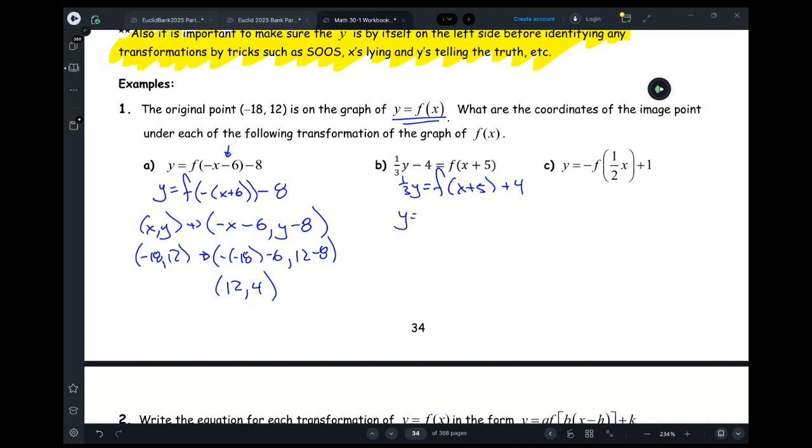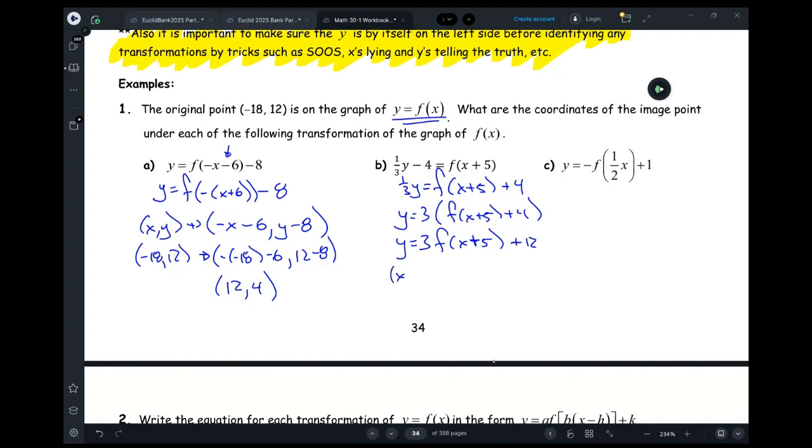I got to bring that 1/3 over. So I'm going to multiply everything through by 3, but I have to multiply the entire right side by 3, which means that 4 also gets multiplied by 3. So this is 3 f of x plus 5 plus 12. The stretch affects the translation unless I've separated them. And in this case, I haven't.